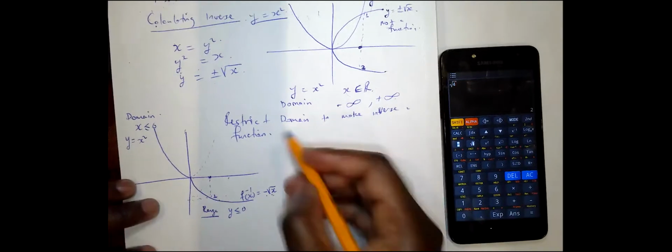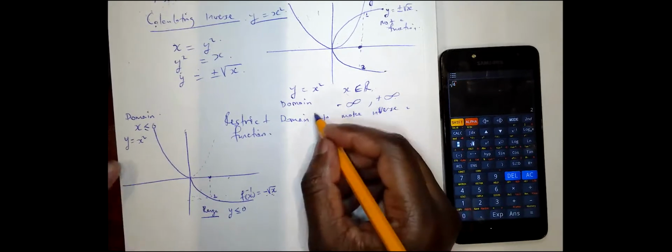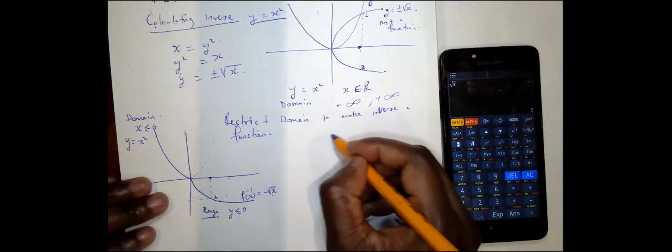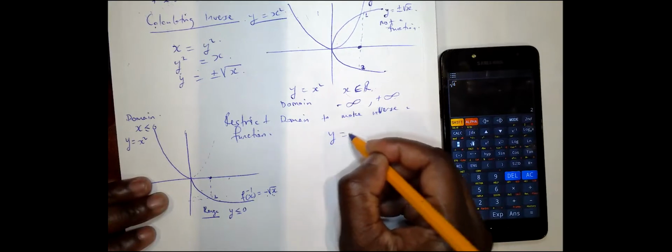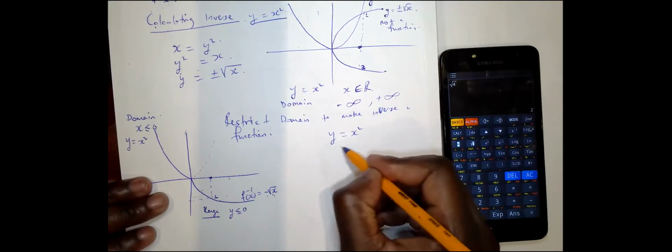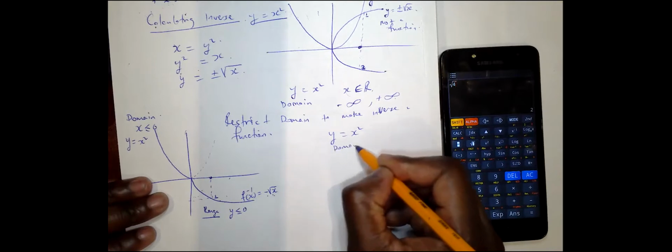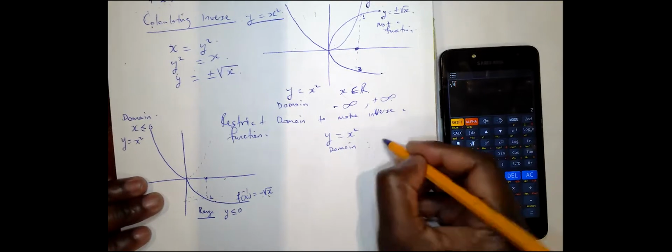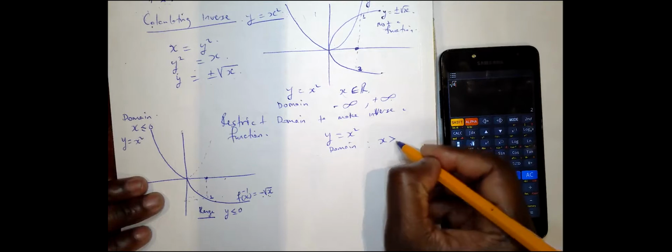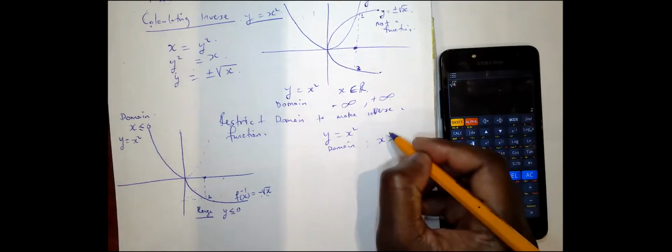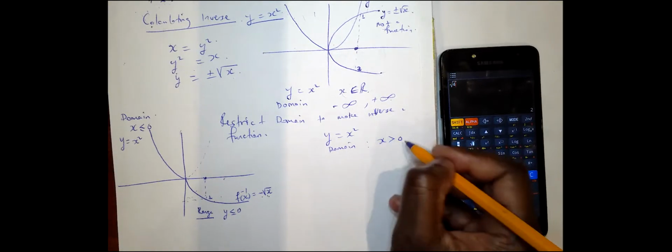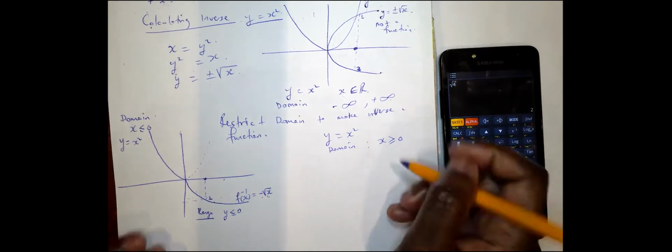Now, the other thing is we can restrict the domain with y equals x squared, for the domain where we are saying x is greater than or equal to 0.